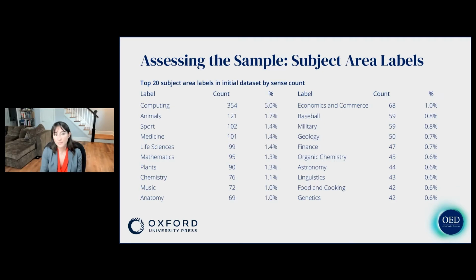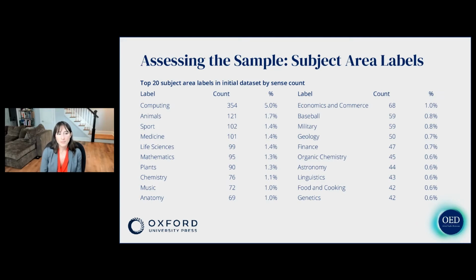This one is not as closely related to my study itself, but I think the data is really interesting and fun to talk about, which is the subject area labels that are applied to OED entries. They're not a perfect data set, in the sense that their application is still not yet complete, and as the revision is completed, there will be more of them. The categories are in some cases inherited from OED1 categorizations in a way that is not always helpful.